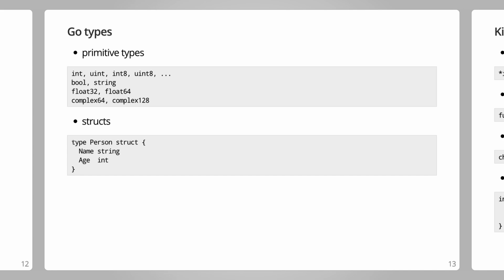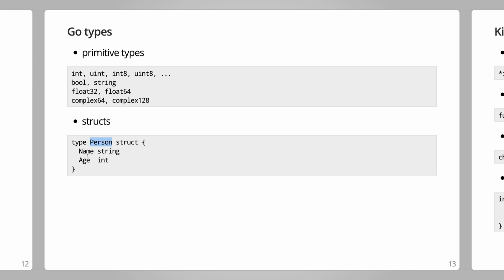Then there's structs, and they are declared in this way in Go. You say type and the name of the type and struct followed by curly braces, and then you say the composed part of your struct here. So person is like a combination of different types or different variables inside this person.